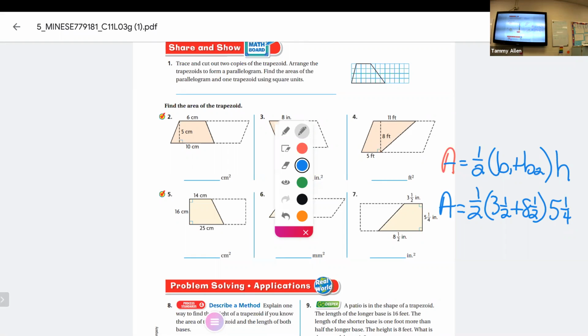No. Because when we add these two together, our denominators are the same, aren't they? What's a half plus a half? 1 whole. Plus 3 plus 8? 12, isn't it? And some of you made your work a little harder than you needed to, right? A little extra work. What's half of 12?